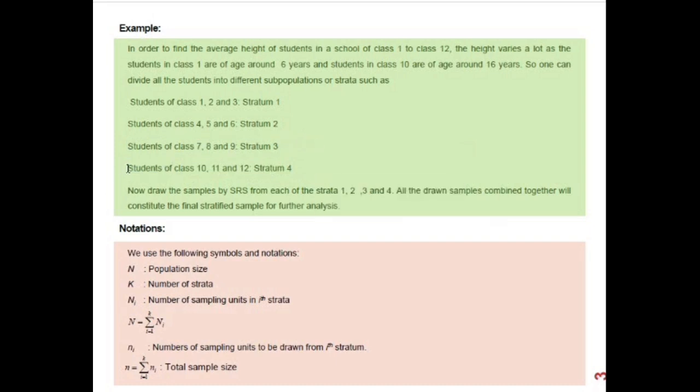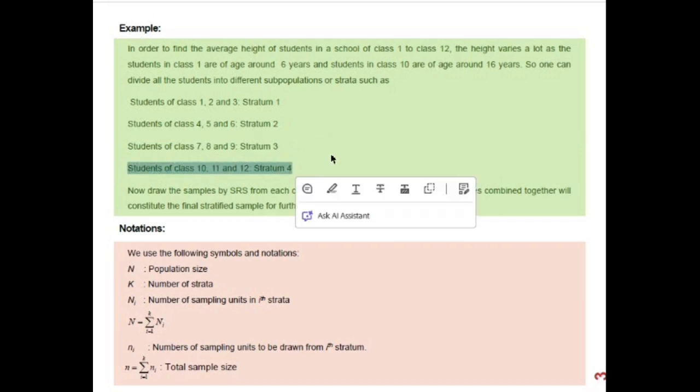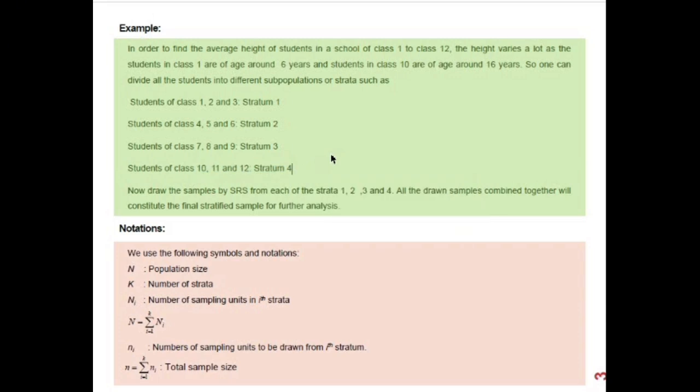Again, we classify the students of class 10, 11, 12 as stratum 4. Now, draw the sample by SRS from each of the strata 1, 2, 3, 4.